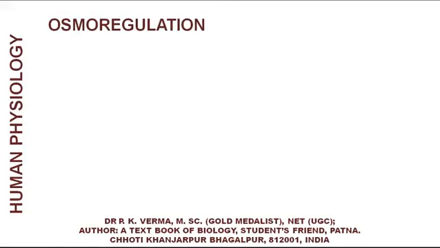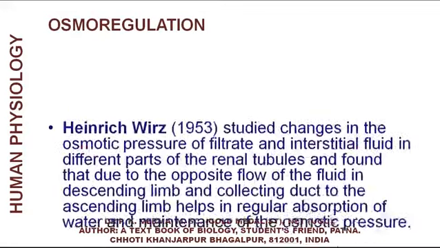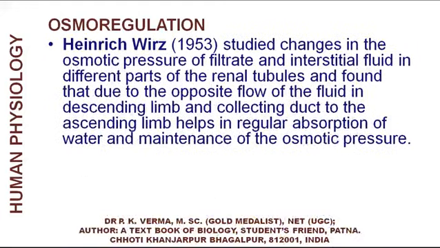Now, the kidney is not only a device of excretion, but it also helps in osmoregulation, that is, maintenance of the osmotic pressure in blood plasma, in the body fluid, and in the tissues.